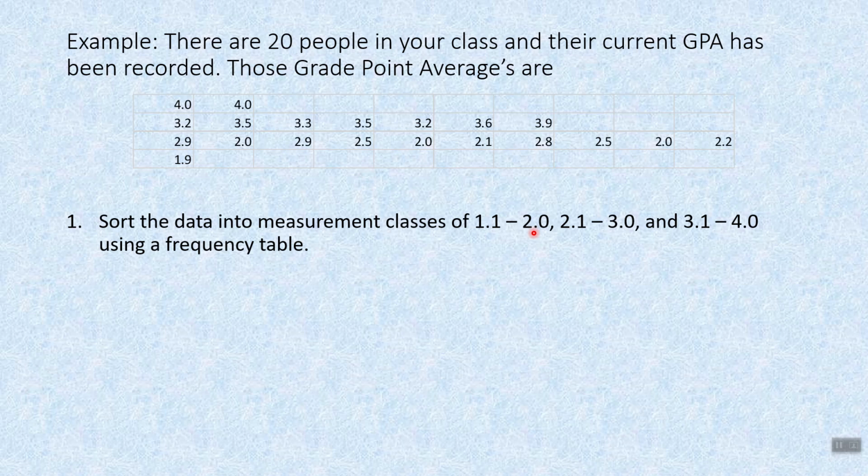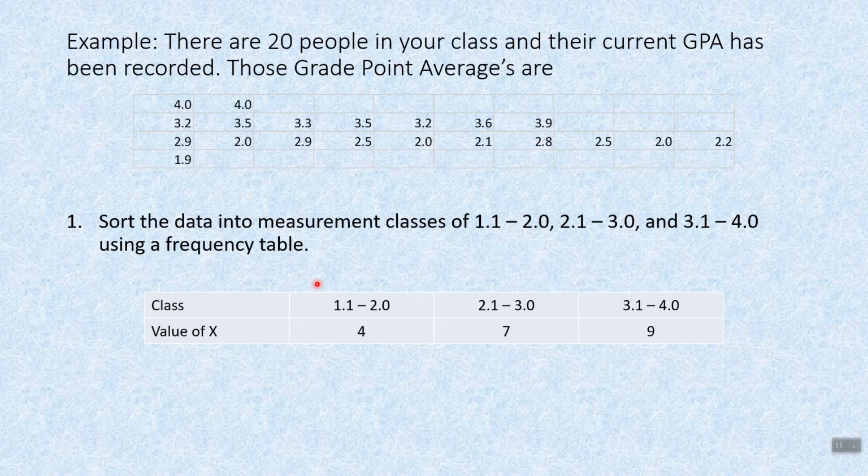We're always breaking things up into various ranges of values based on what it is we want to measure. And in this one, we're just going to use 1.1 to 2.0 because I said so, because that's the example.